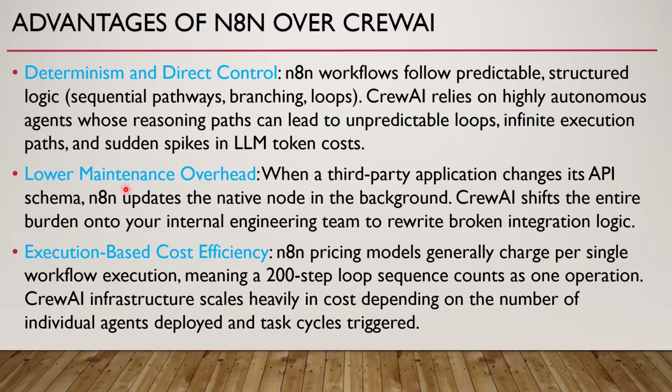We have lower maintenance overhead in case of N8N, and we have execution-based cost efficiency because N8N usually has free options, whereas in Crew AI, we sooner or later require the subscription for the ChatGPT model.